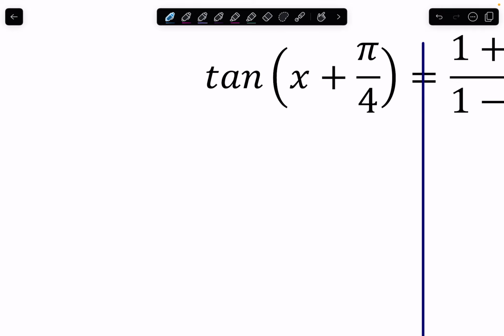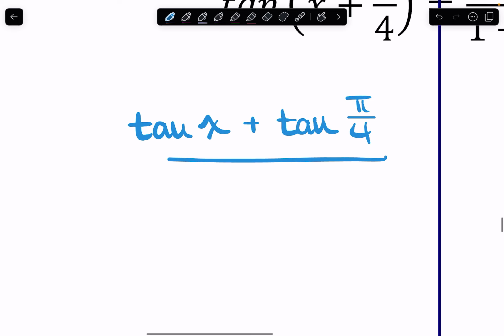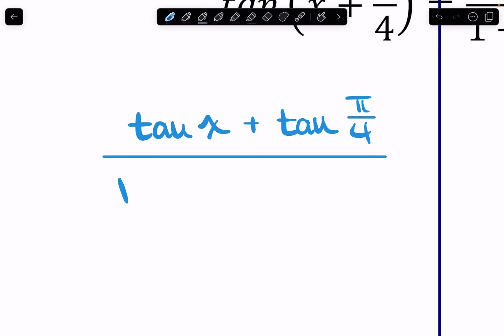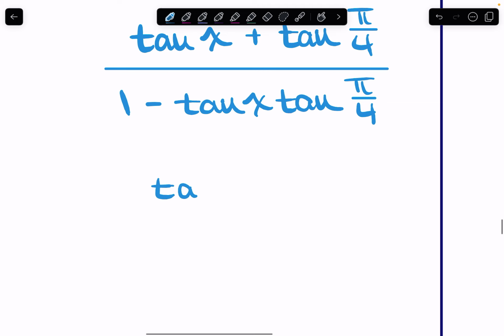So for tangent, it is tan, first angle, keep the sign, tan, second angle, over 1, change the sign, so minus tan times tan. So tan x times tan pi 4. All right, tan of pi 4 is 1, so that's tan of x plus 1.